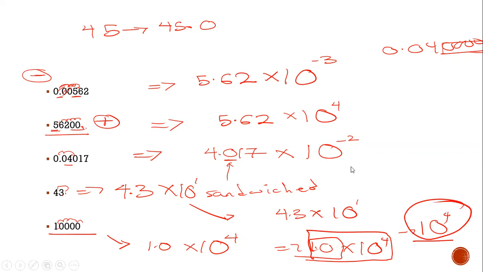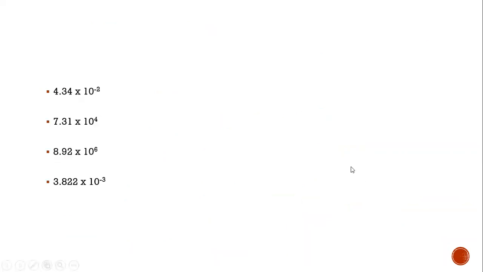All right, so let's go to changing from standard form back to regular form. So we have 4.34 times 10 to the power minus 2. Okay, so what do we do here? Let's look at the power. It's minus and 2, so it means that we're going 2 places to the left.